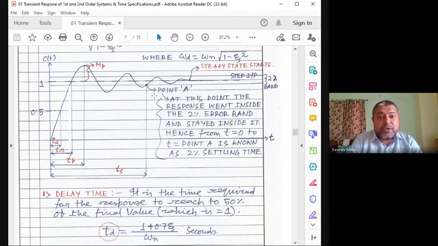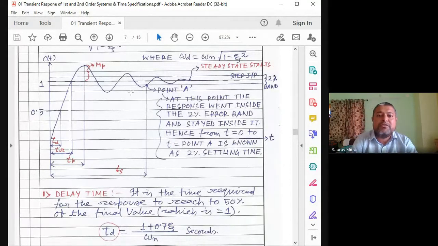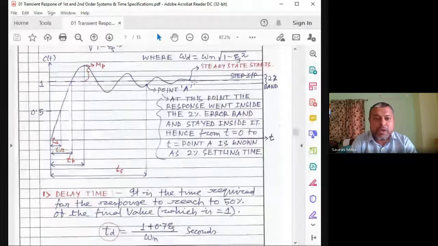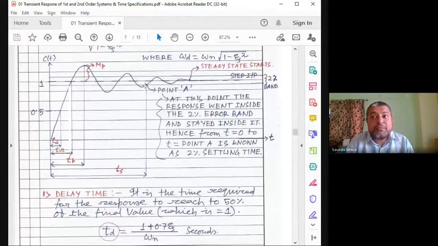So if I ask what is the 5% settling time, it is 1 plus or minus 0.05, that means 0.95 up to 1.05. Whenever the waveform enters this band and does not leave it anymore, that time is called the 5% settling time. That means the output stays between 0.95 and 1.05.